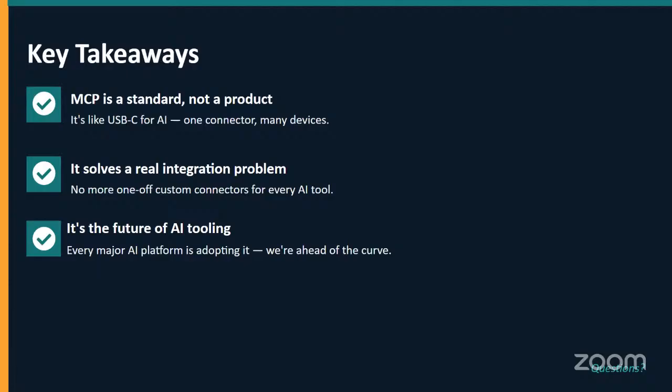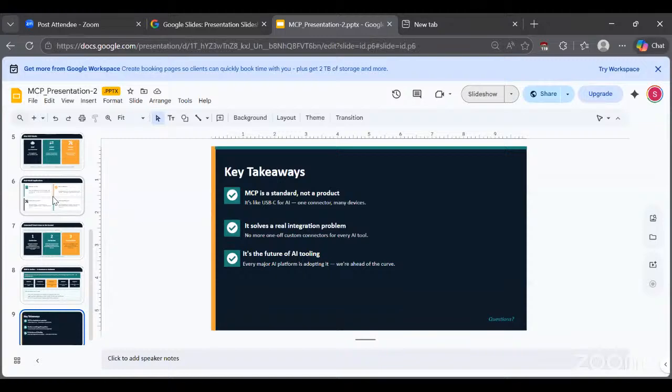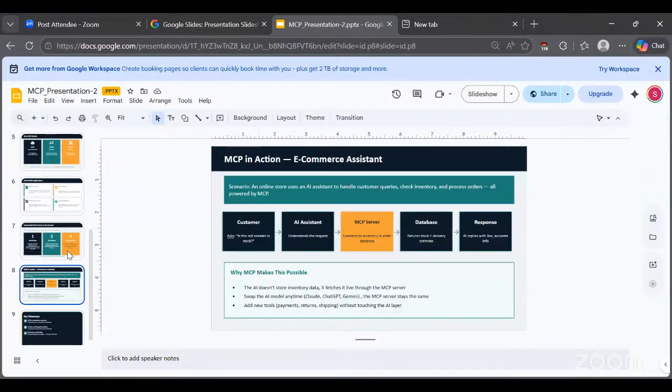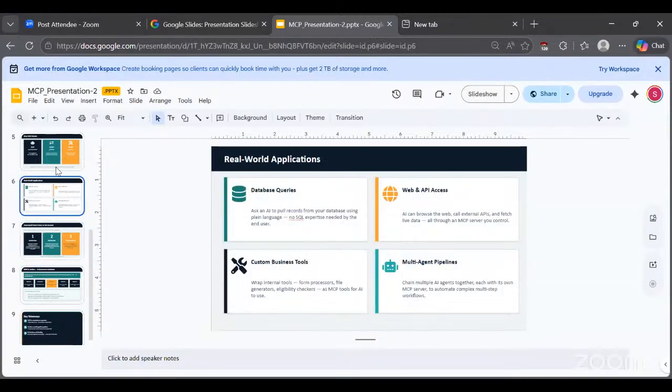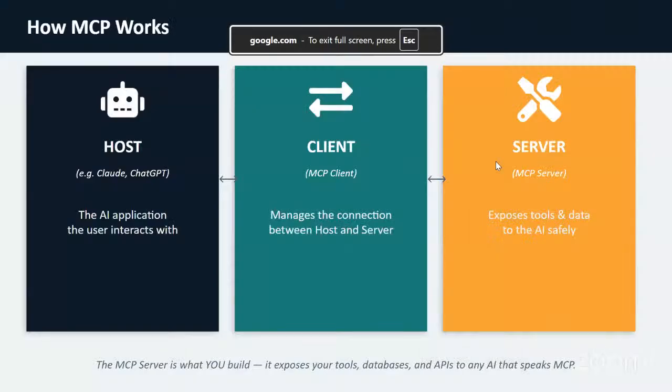There's a slide that you projected where we have the host, the client, and the server. It portrays MCP as the client. So I'm wondering, is MCP actually a client, or is it just a protocol through which client and server communicate?